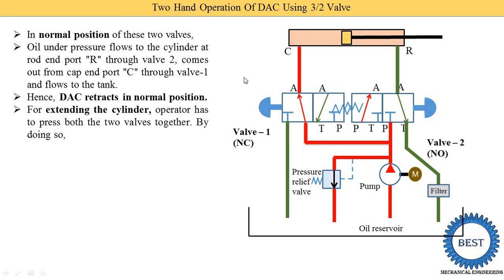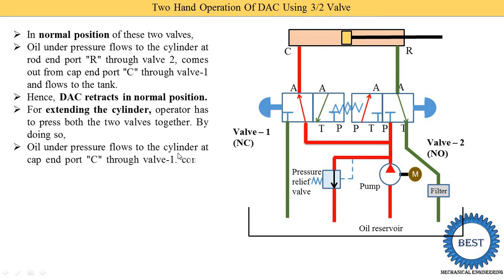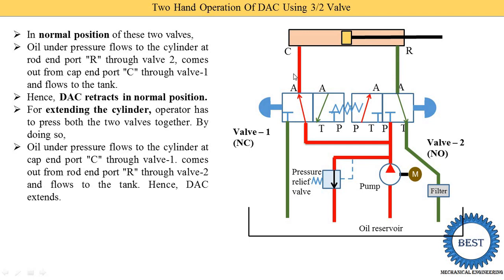When the operator presses the switch, what happens? The oil under pressure flows to the cylinder at the cap end port C. How is it supplied? First you see the oil coming from the pump comes to this point.